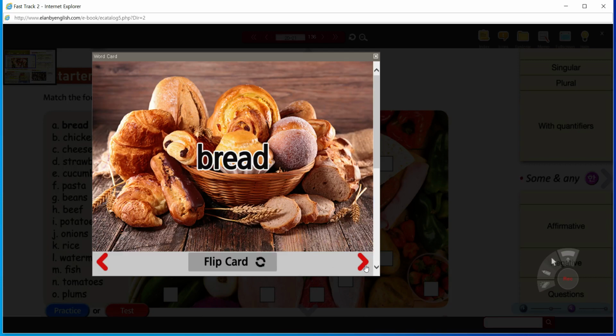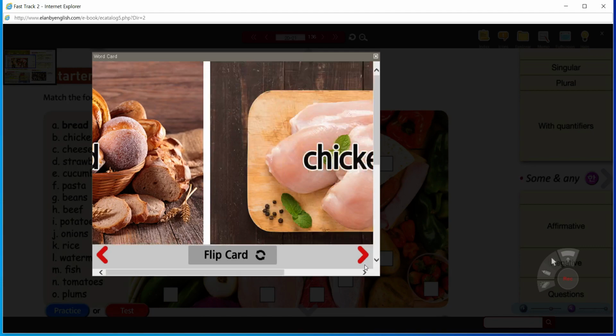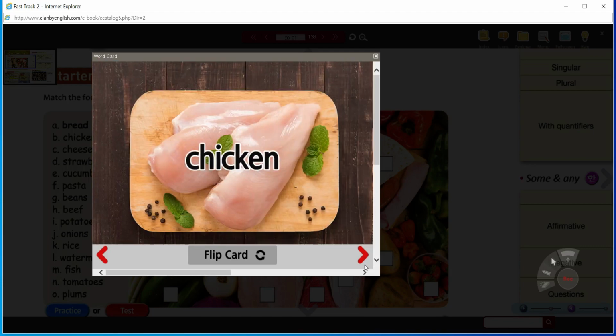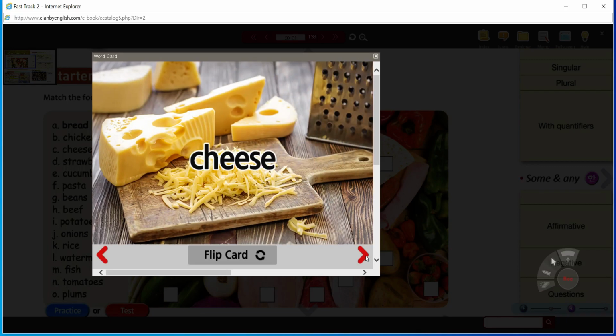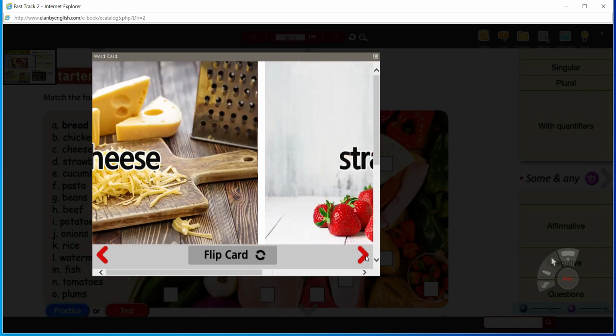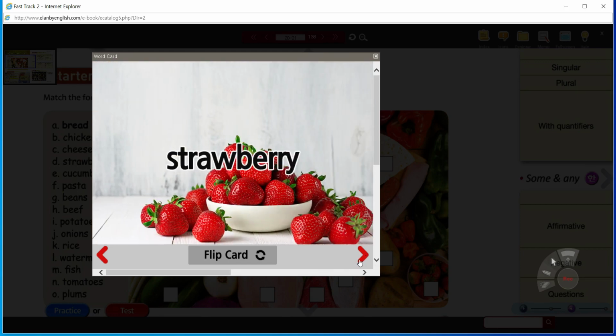All right. Let's just quickly go through each of these pictures. So that's bread. This is chicken. This must be chicken breast. This is cheese. Looks like Swiss cheese. And these are strawberries.